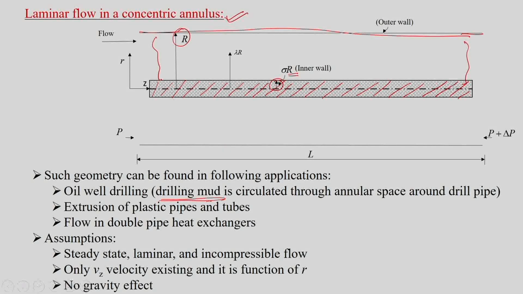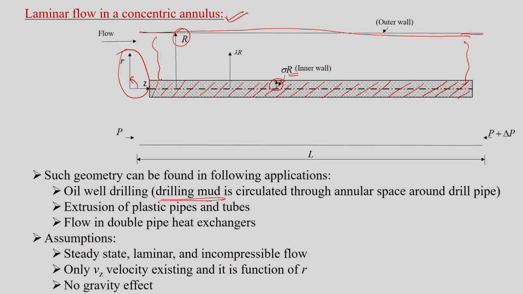If we take the coordinate system, the center axis of the inner pipe can be taken as the z axis, and then the other direction is the radial direction. This is the theta direction, but we are not worried about that one now.